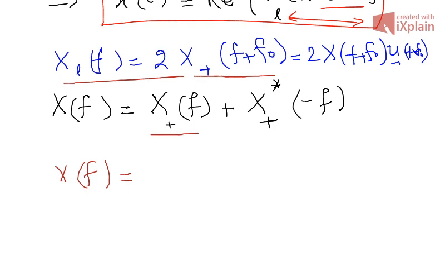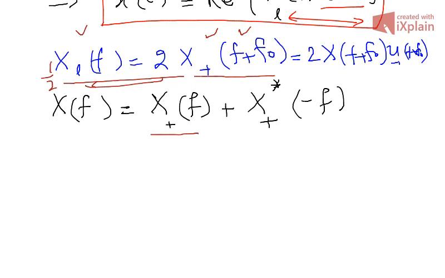So the shifted version of the positive spectrum is half, this 2 will come here. This is an advanced version, so you need to delay this X_l(f) by f naught. Let me erase it from here first; I'll write this equation later on.